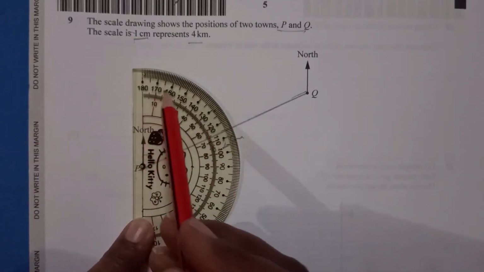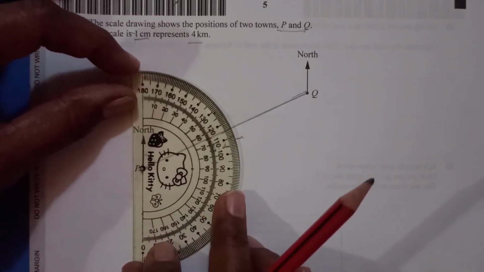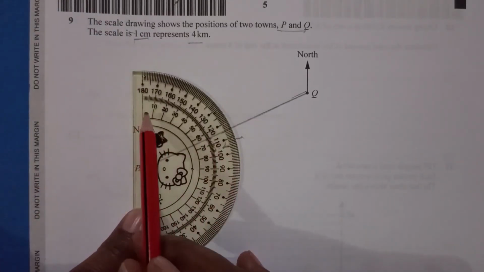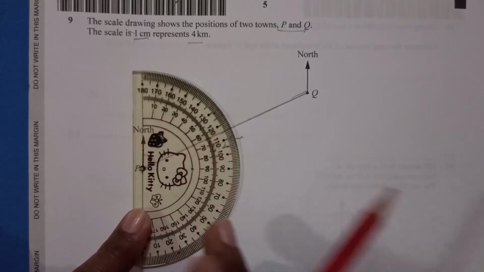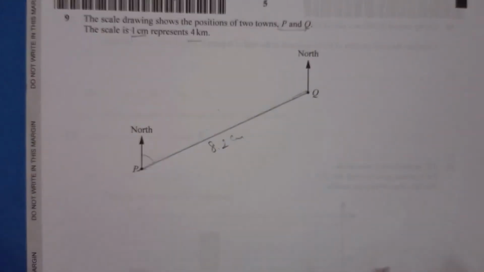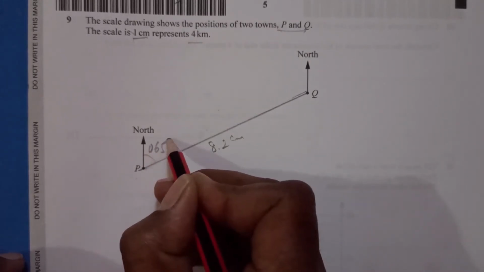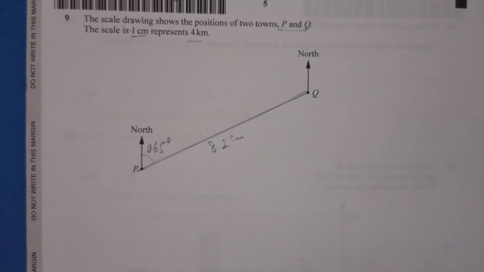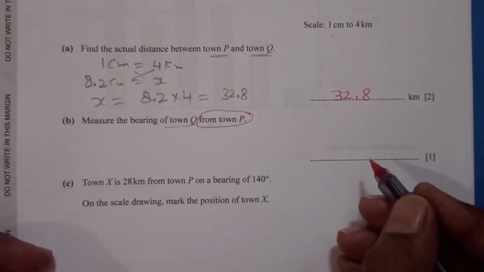You can see we have the angle here. We need to look for this reading here, 10, 20, 30, 60 to 65, right? So this is 65, but we have to add 0 because in bearing we always take 3 digits, right?